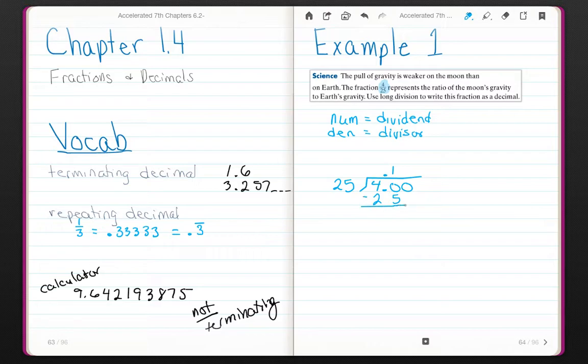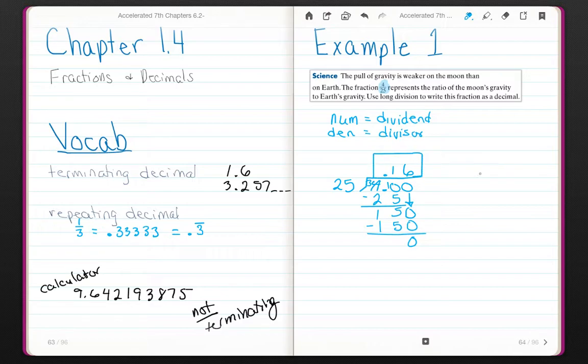Again, I'm going to ignore the decimal. We're going to subtract. I have 15. Bring down the 0. 25 goes into 150 6 times. 6 times 25 is 150. I'm left with nothing. I don't have any remainders here. I don't need to add a 0 and bring it down. I am just finished.